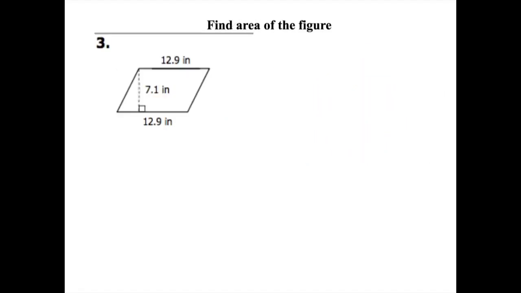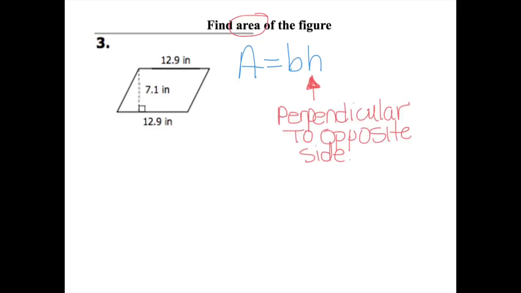What are we asked to do in this problem? We are going to find the area. First thing we want to do is look at the picture, look at our formula sheet, and determine what type of figure it is. This is a parallelogram, so the first thing we're going to do is write down the formula. Formula is area equals base times height. Keep in mind that the height is always going to be perpendicular to the opposite side.